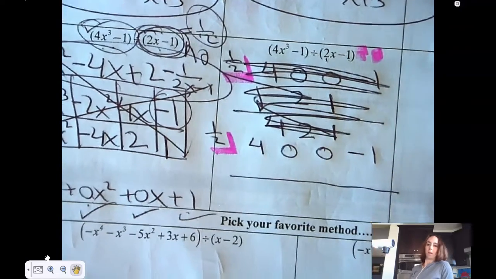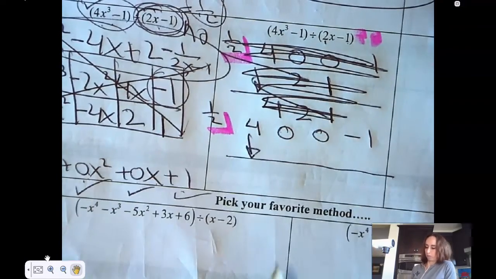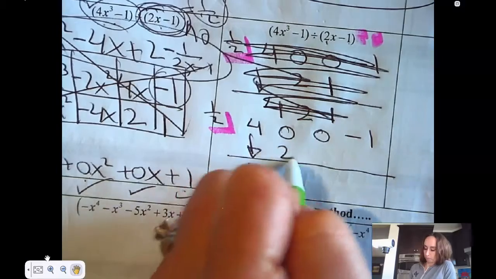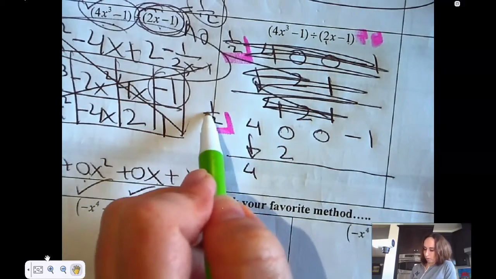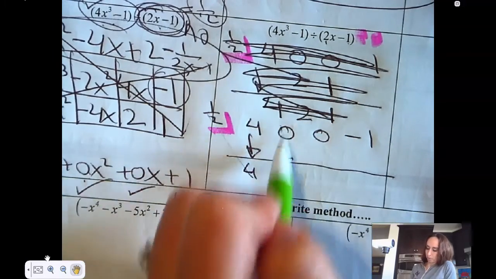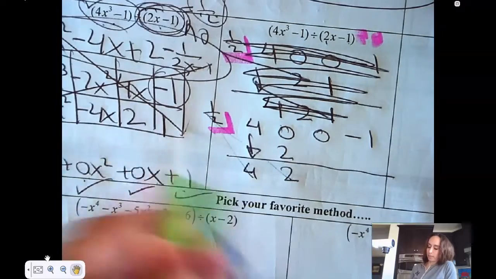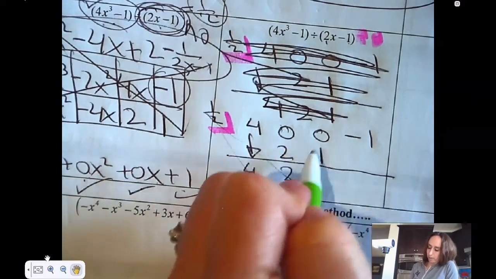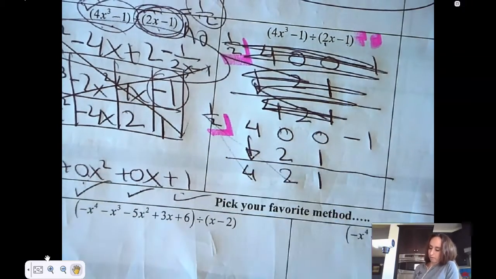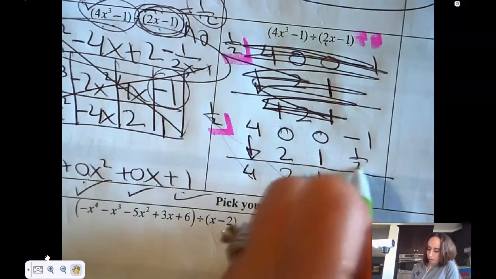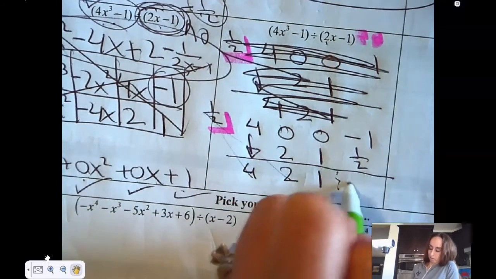Now, first thing I do, bring down the 4. This times this, this. Diagonally multiply, vertically add. Diagonally multiply, vertically add. Diagonally multiply, vertical add.